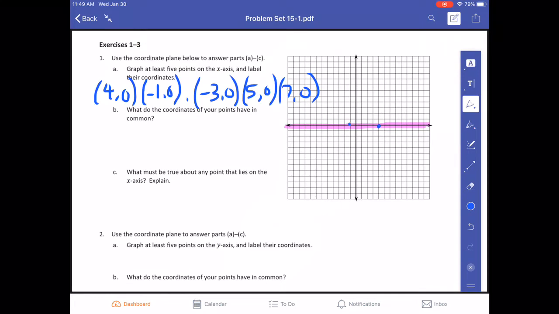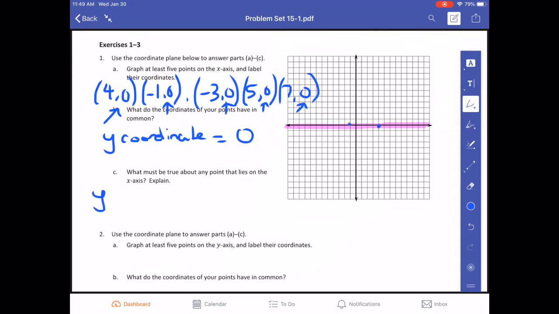Okay, letter B, it says, what do the coordinates of your points have in common? Well, if you take a look, all of them have a second coordinate, or a y-coordinate, of 0. Okay, so we're going to say the y-coordinate is 0. And then it says, what must be true about any point that lies on the x-axis?